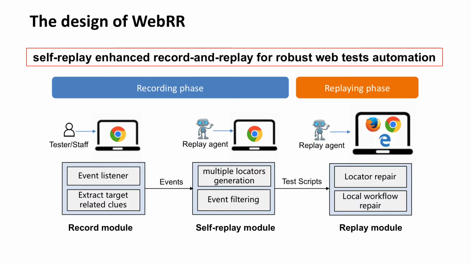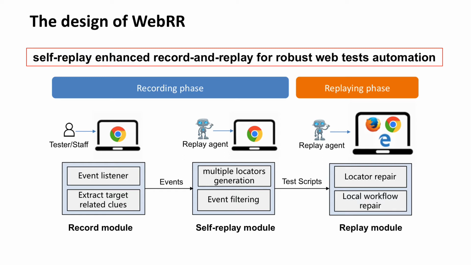To address the above challenges, we designed WebRR, a self-replay enhanced record-replay technique for robust web test automation. Similar to existing techniques, WebRR also consists of a recording and replay phase to generate and execute web tests.